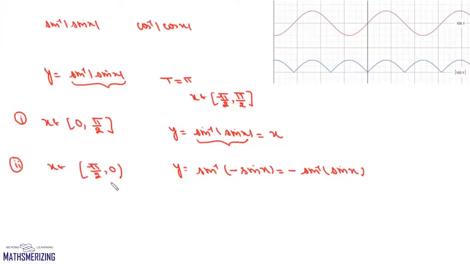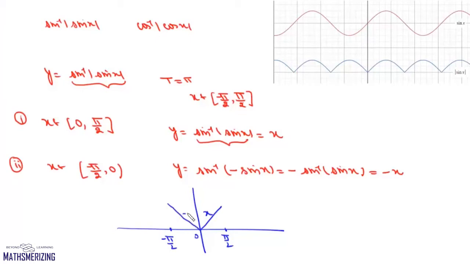Now x still lies in principal value range. So here it will be simply minus x. So we'll draw this graph: from 0 to pi by 2, it is plus x, and from minus pi by 2 to 0, it is minus x.